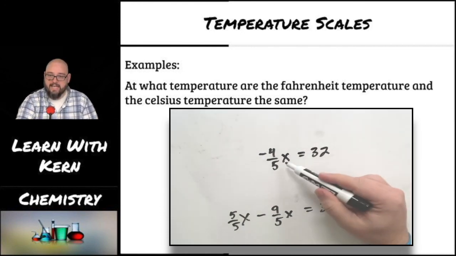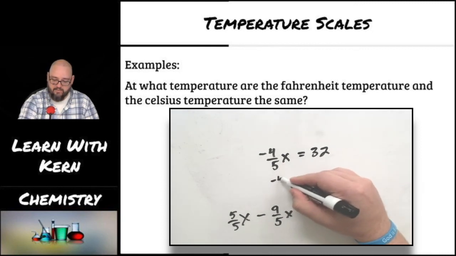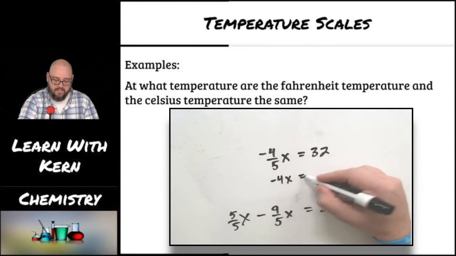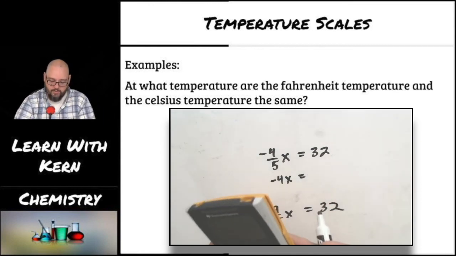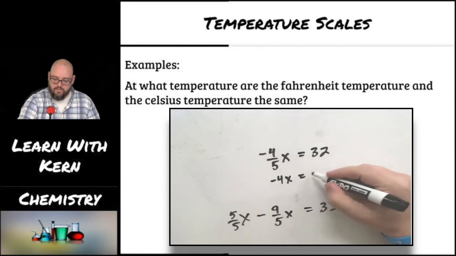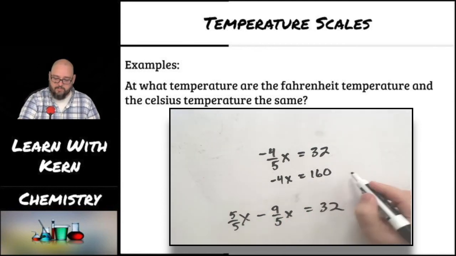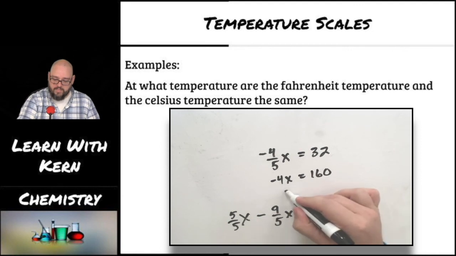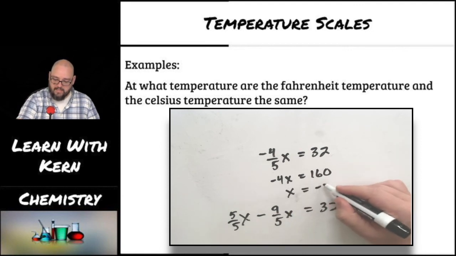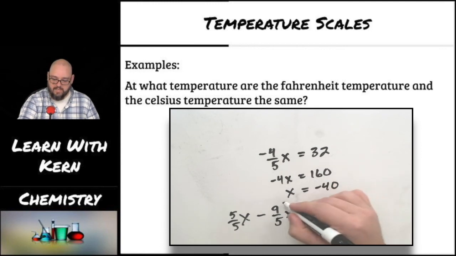So now to get x by itself, I'm going to multiply both sides by 5 to give me negative 4x equals, and then we do 32 times 5, which is 160. And then I'm going to divide both sides by negative 4 to get x equals negative 40. That's 160 divided by 4 is negative 40.